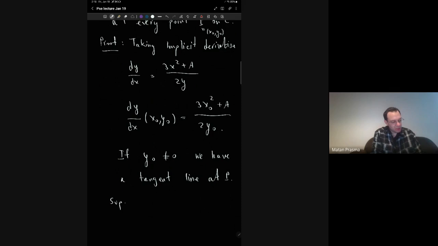Suppose y0 is 0, but the numerator 3x0 squared plus a is non-zero.